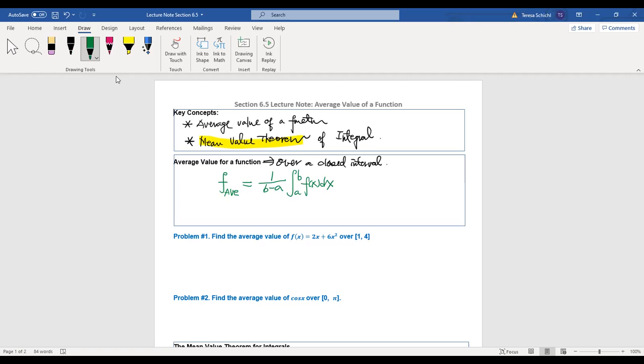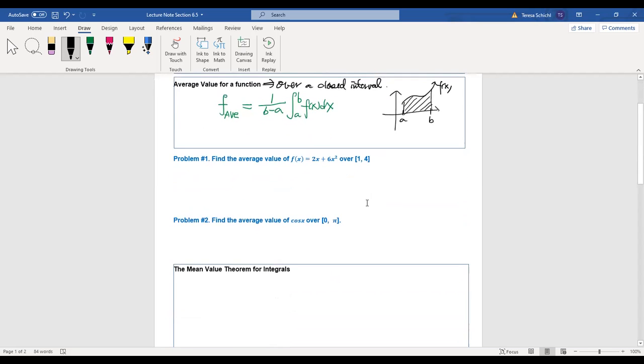The concept here is, for example, if this is a and this is b, and this is my function f of x, then the integral from a to b is just this area. So I'm finding the total area divided by the distance between these two points. It's similar to the idea of the mathematical average for numbers.